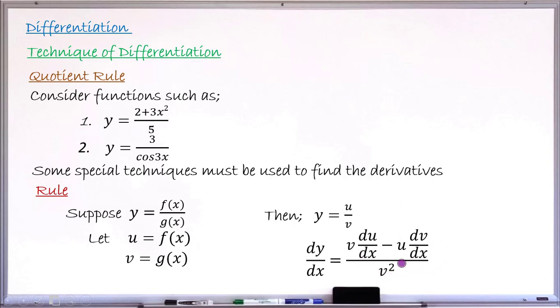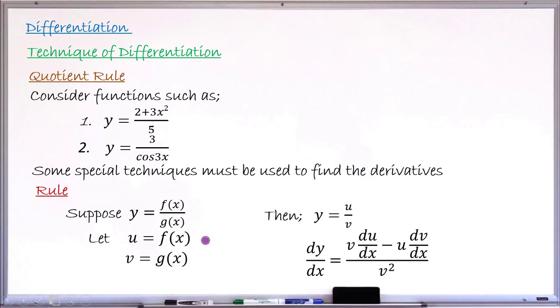The denominator is going to be v squared all the time, not u squared. In the numerator, v comes first, times du/dx, then minus u times dv/dx, because this is subtraction, not addition. And remember, subtraction is not commutative. If it were addition, there would be no problem having either of the two first. So we are going to make use of this formula and find the derivative of some functions.